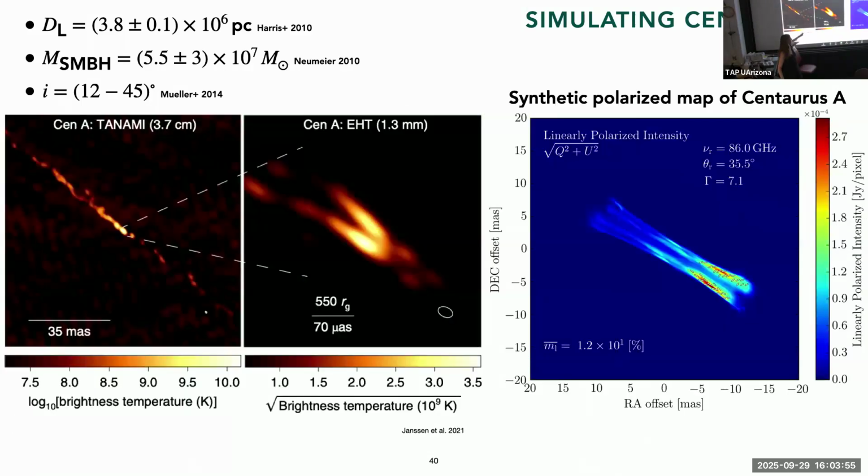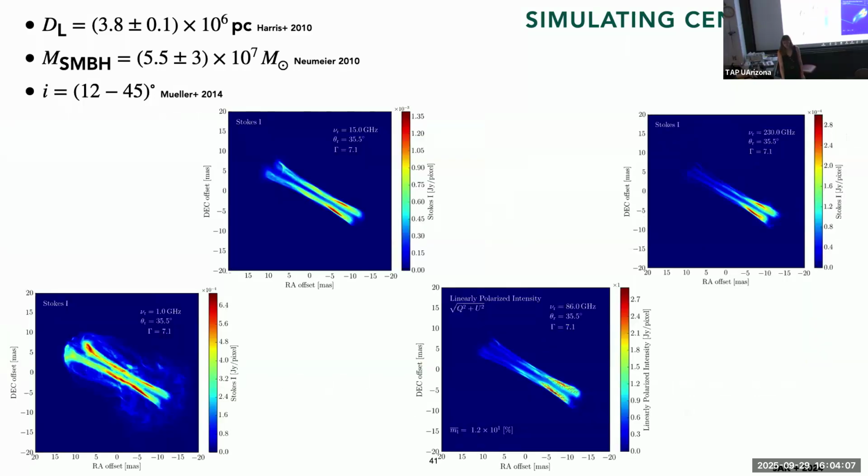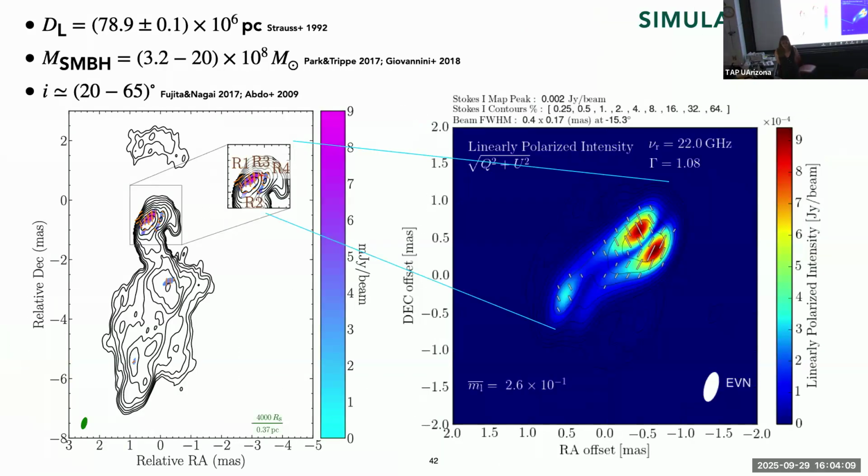But I just want to mention that we did manage to reproduce the edge brightening of Centaurus A. We have polarization of Centaurus A, but there are no observational polarization counterparts, so we can't confirm that yet. And then I picked 3C84.